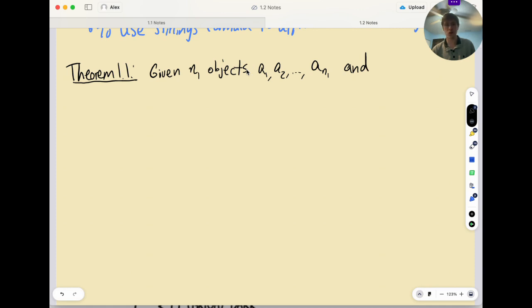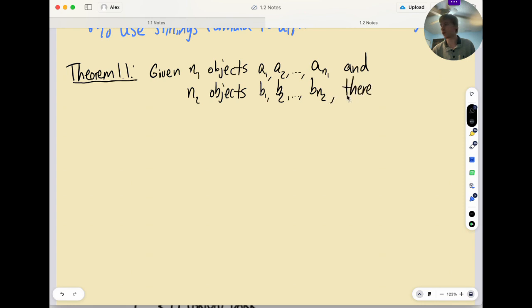And we're given n2 objects, maybe call them B1, B2, all the way up to B sub n2.